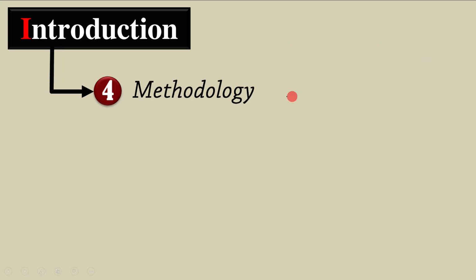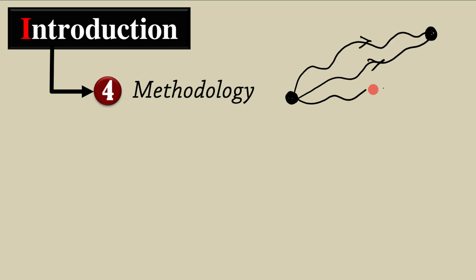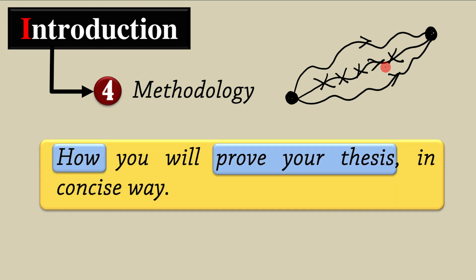Methodology. Suppose that at the beginning you tell them something and this is your destination, okay? There are a lot of roads to go to that destination, okay? When you tell them about your methodology, you specify the road you are going through. That's all. So, how you will prove your thesis statement in concise way will be your methodology.